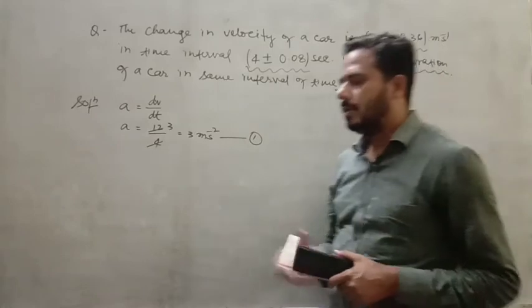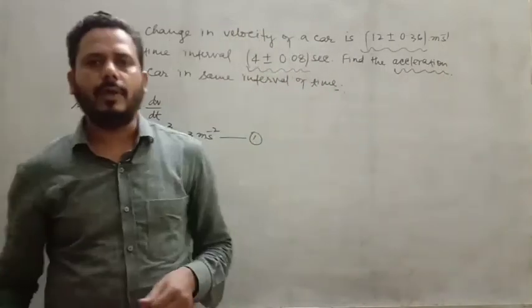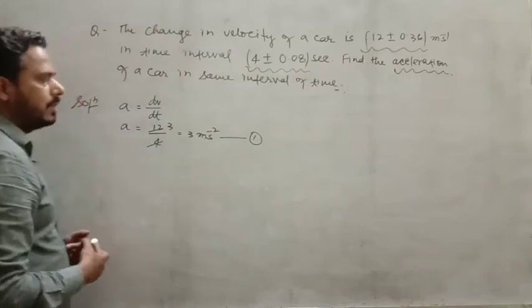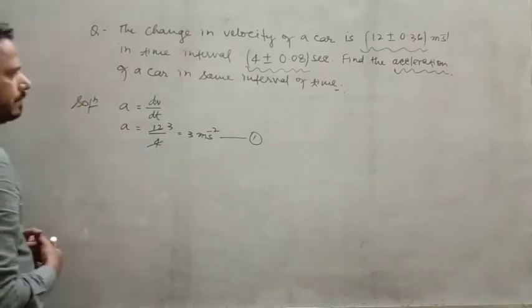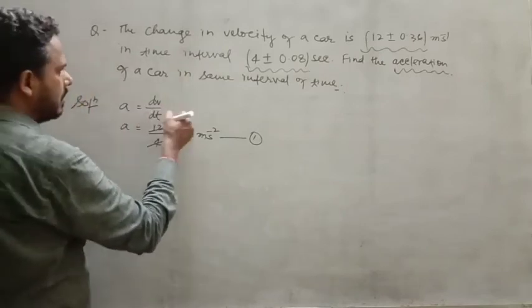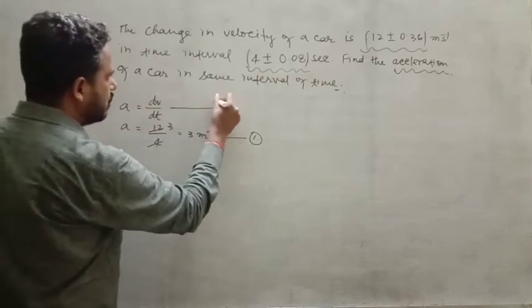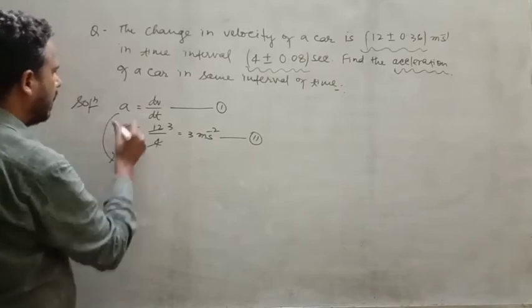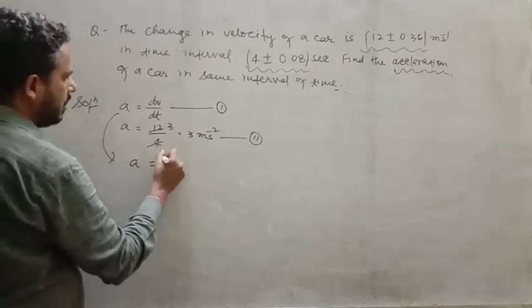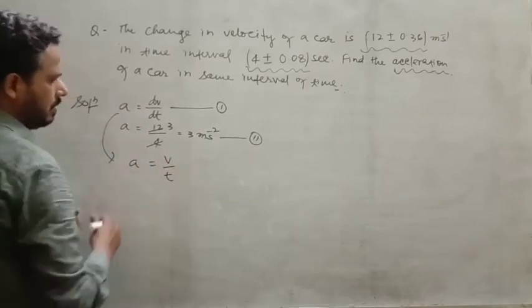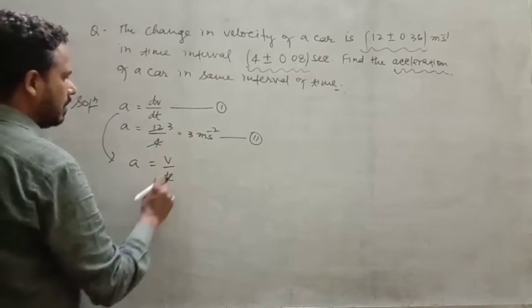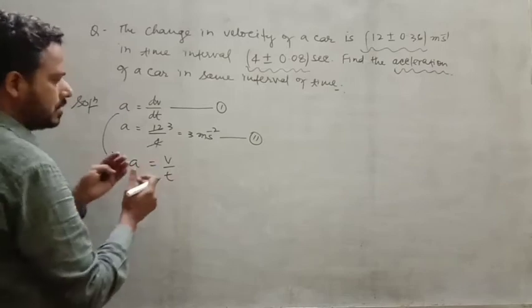Now from here you have to find its absolute error. So how can you find this? Let us call these equation 1 and equation 2. I am going to write that simply acceleration is v by t.